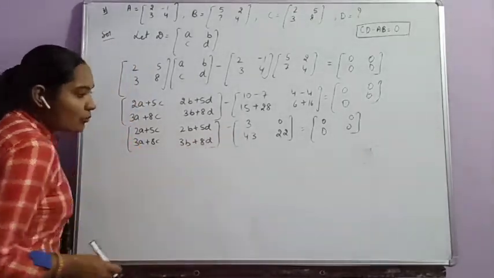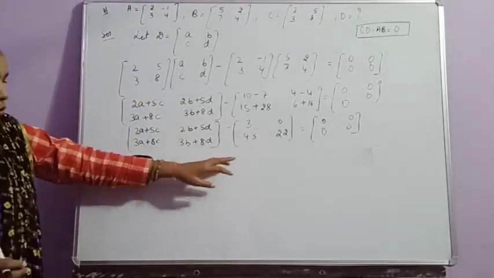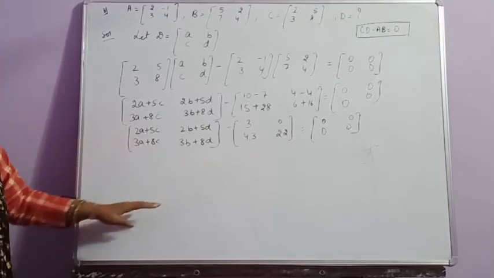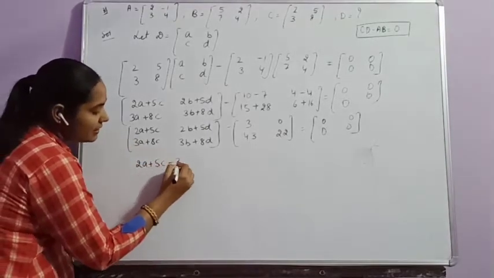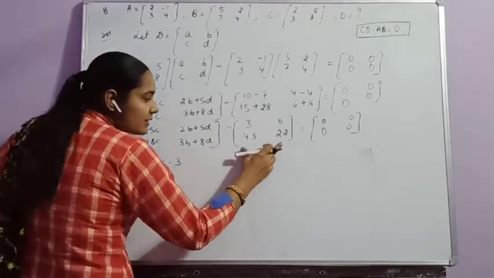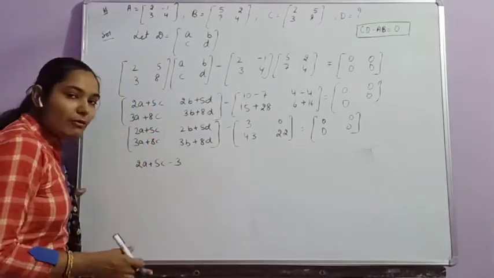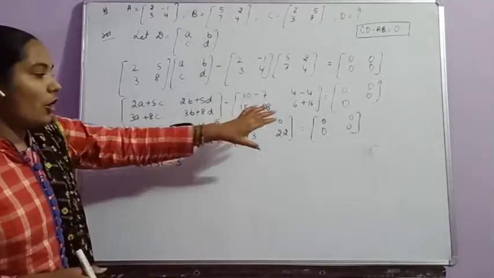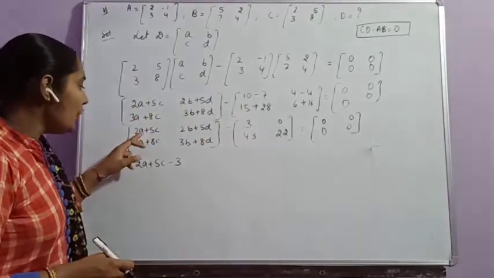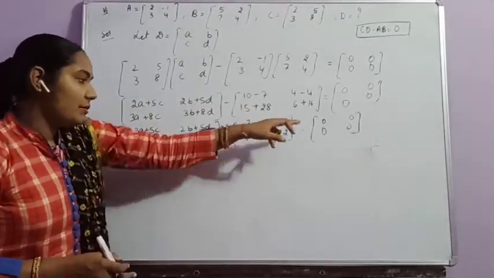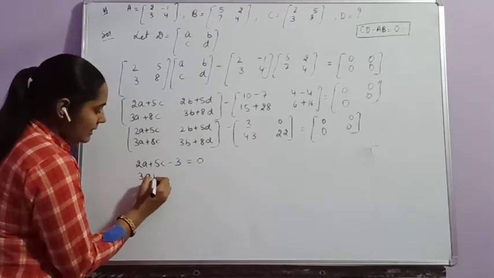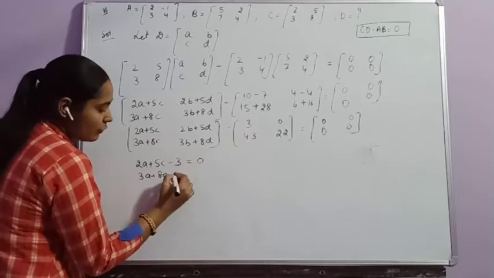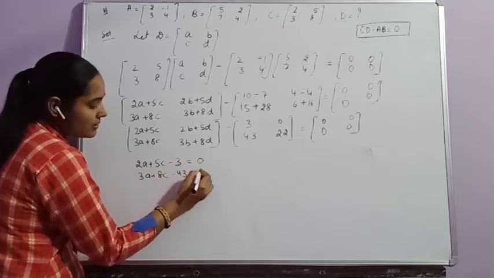We can see that both matrices are of order 2, so we can subtract them. These matrices are equal, so by equality of matrices we know that their corresponding elements must be equal. So 2a plus 5c minus 3 equals 0. Next, 3a plus 8c minus 43 equals 0.